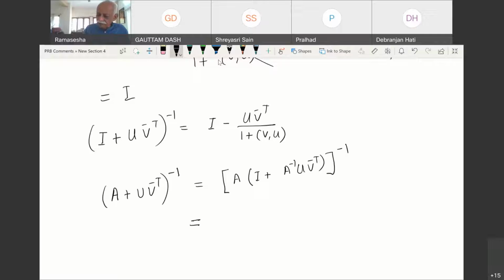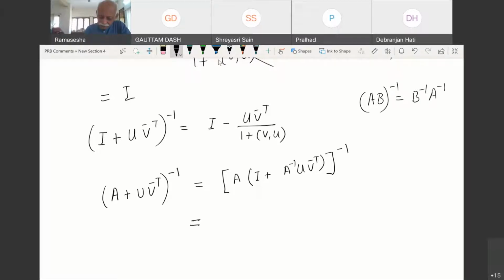Or how do you take the inverse of two matrices? If I give you A B inverse, what is this equal to? If you know A inverse and B inverse, what is A B inverse? B inverse A inverse. Right? This is easy to prove. B inverse A inverse is A B inverse.